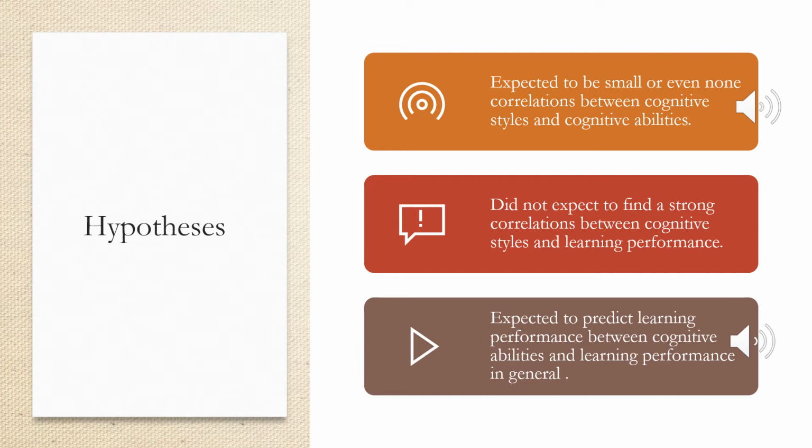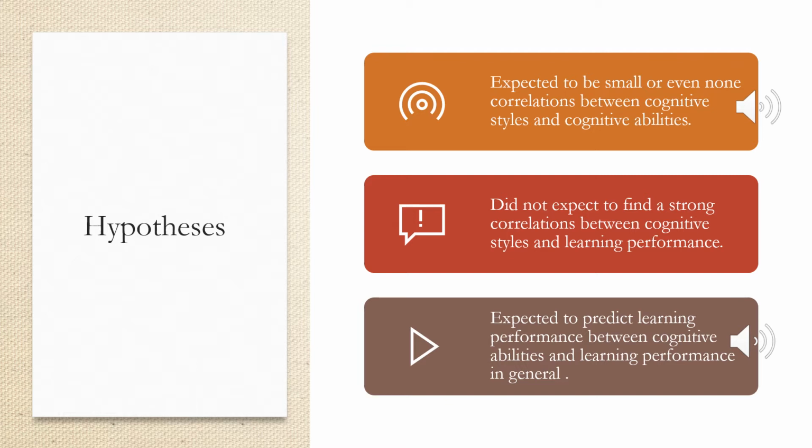The first question was, is there a relation between cognitive style and cognitive abilities? The second question was, can cognitive style predict learning performance? The third question was, can cognitive abilities predict learning performance in general and when learning with a specific representational format?